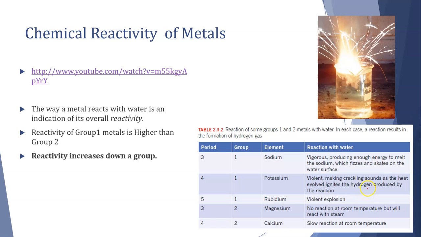When we move to group 2, magnesium won't actually react at room temperature, but if we react it with steam, it will start to react, and calcium will have a slow reaction at room temperature. Remember, calcium is lower in the periodic table than magnesium, so it should have a greater reactivity.